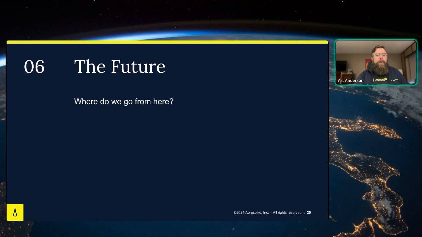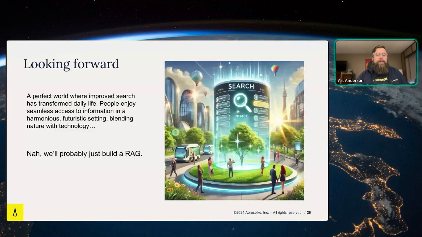So where do we go from here? Looking forward to the future, right? I had ChatGPT create this image for me, and it told me this is the perfect world where improved search has transformed daily life and so on and so forth. But yeah, we're probably just going to build a RAG, and then we'll start to implement more complex search, and optimizing it for optimization's sake.